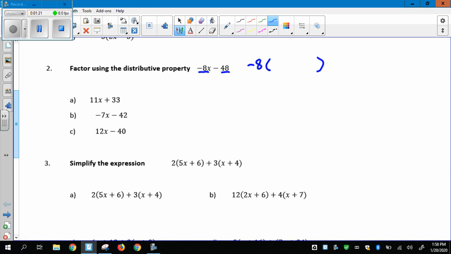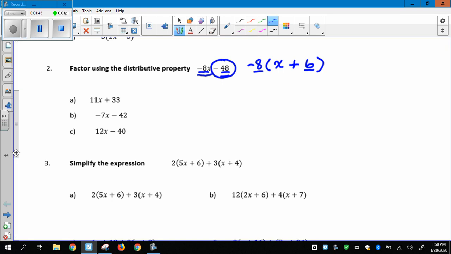In this case, that would be -8. So what number times -8 is -8x, and that would be x. And then what number times -8 is -48. Of course, you could divide that to figure that out, but that would be +6. -8 times +6 is -48.